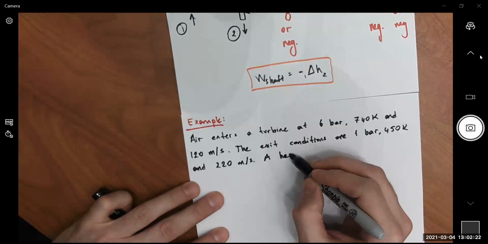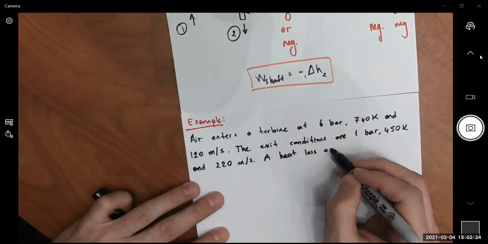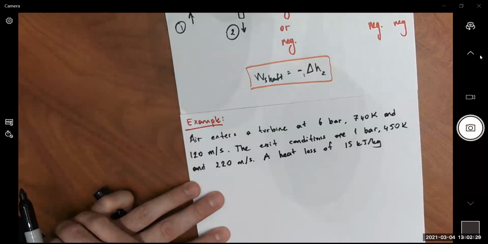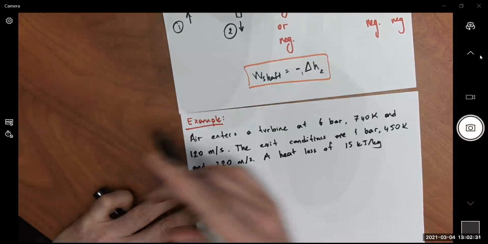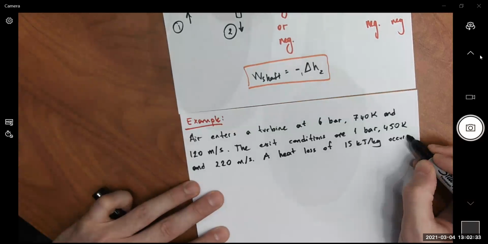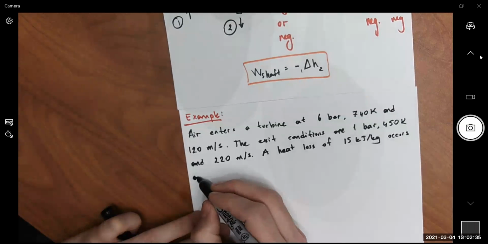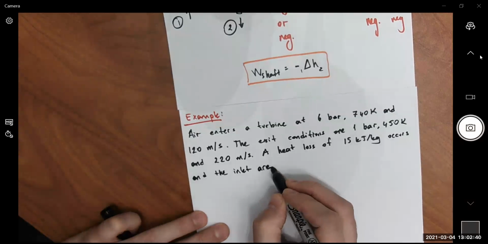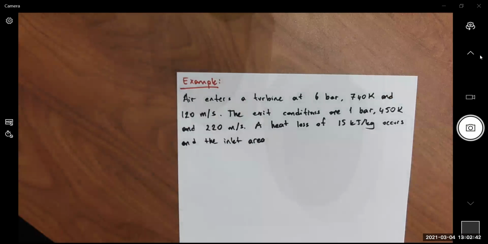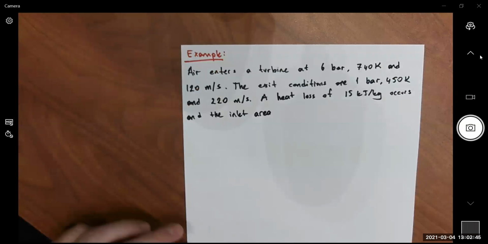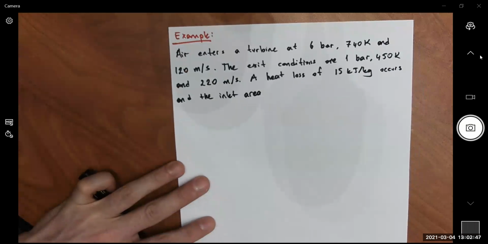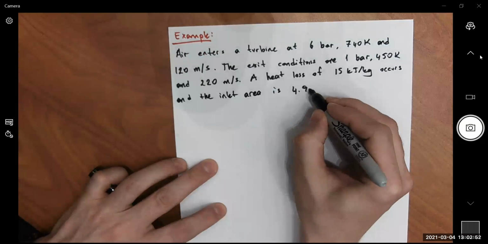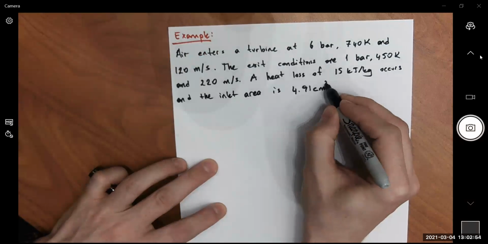A heat loss of 15 kilojoules per kilogram occurs, and the inlet area is 4.91 centimeters squared.